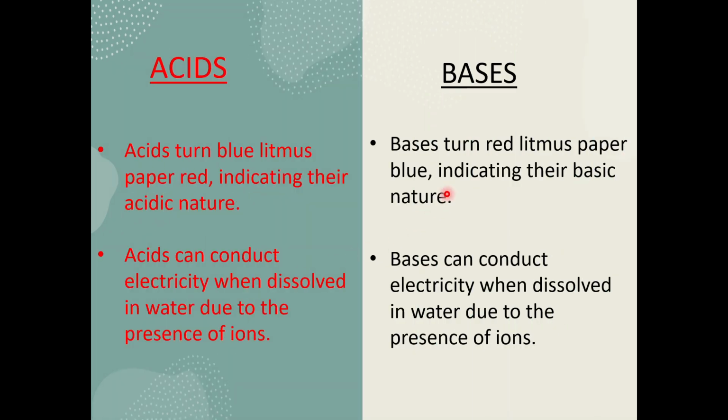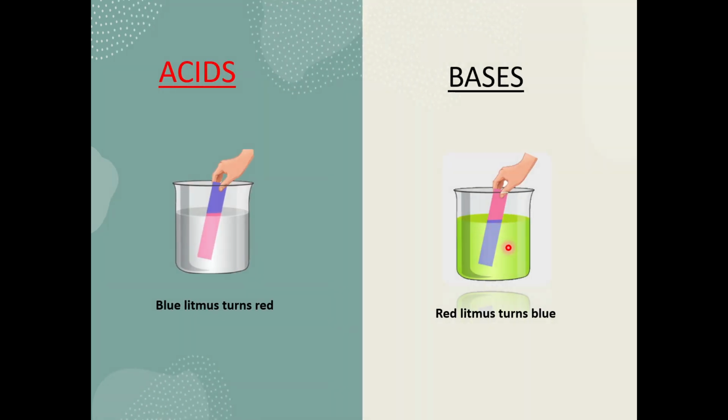While base turns red litmus paper blue, indicating their base nature. When you put this red litmus paper into base solution, it will turn blue. That is the property of base.